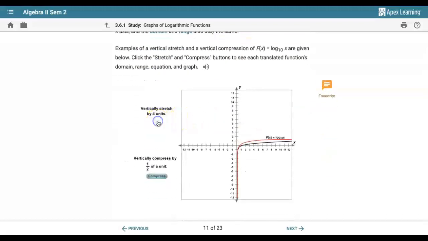So if we vertically stretch by 4 units, we just multiply by 4 on the outside. And if we compress by half of a unit, we're going to multiply it by half. With these, there's no change to our intercepts, and we still have the same domain and range values here.